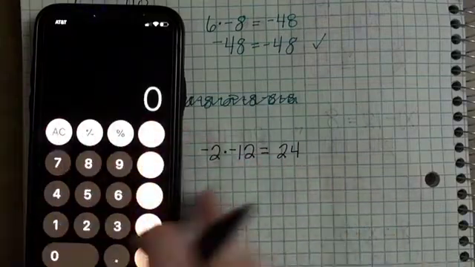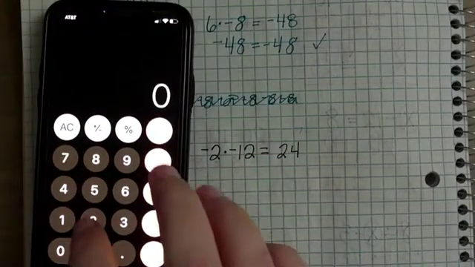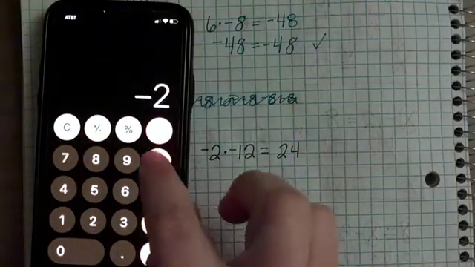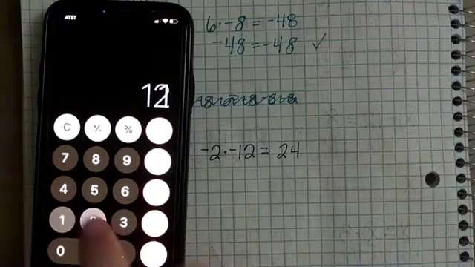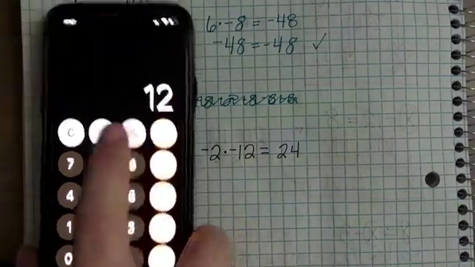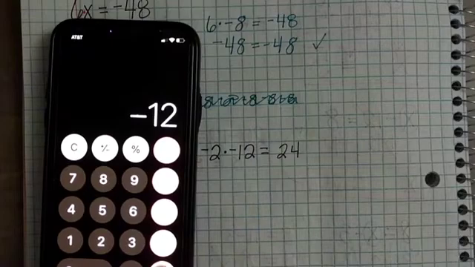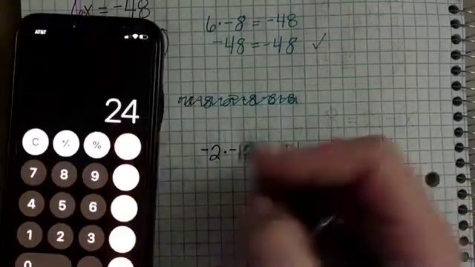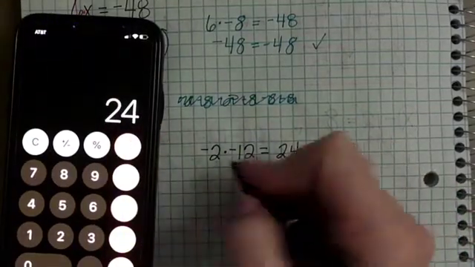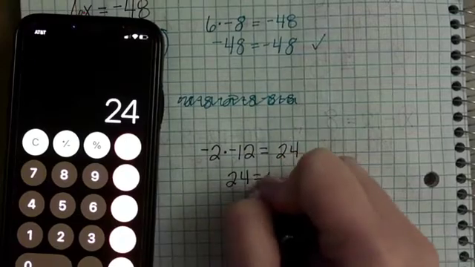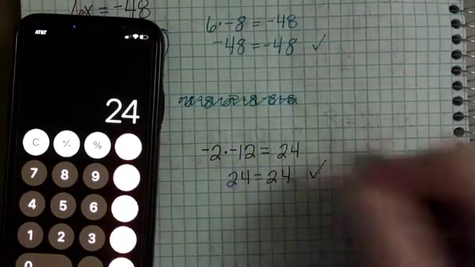Oops, I hit the wrong thing. So negative 2 times 12, I hit the minus, is my problem. You need to hit that negative. It gives you 24. So that would be 24 equals 24, which works out.